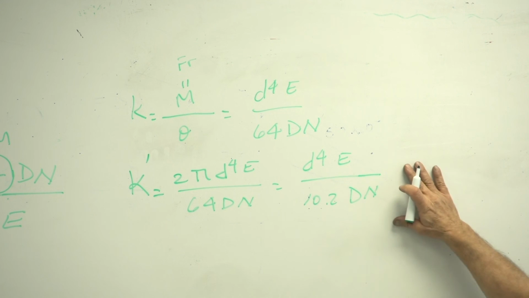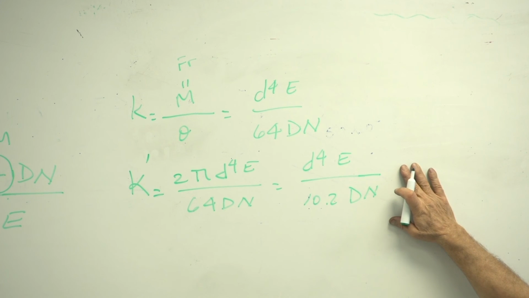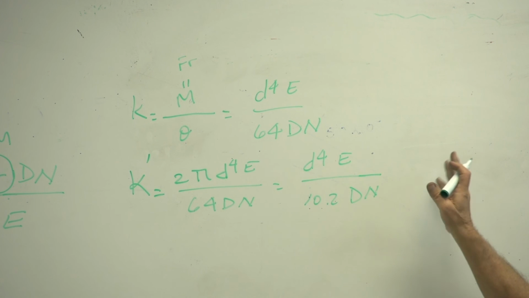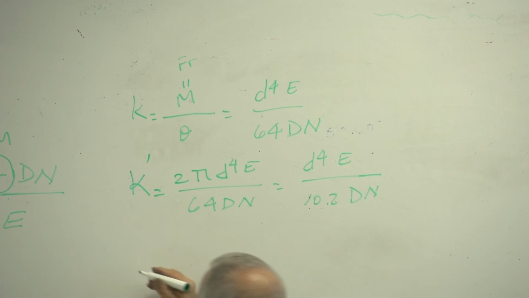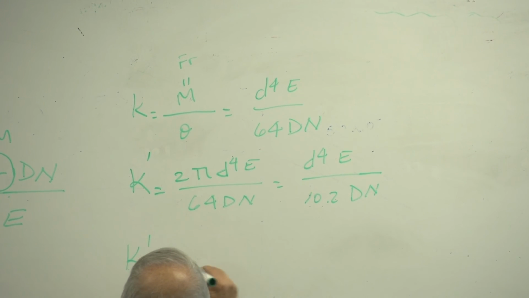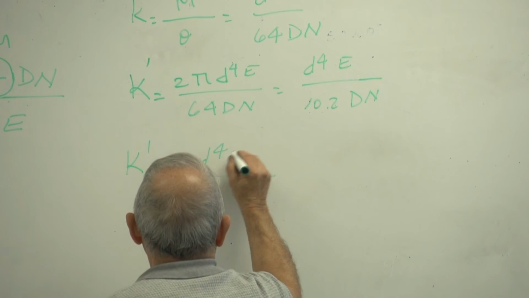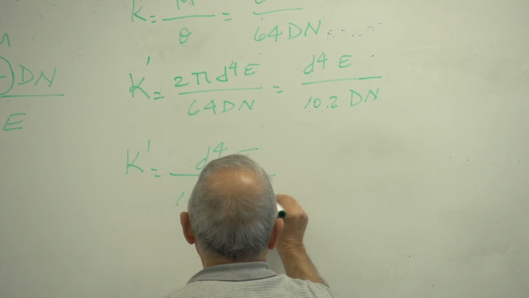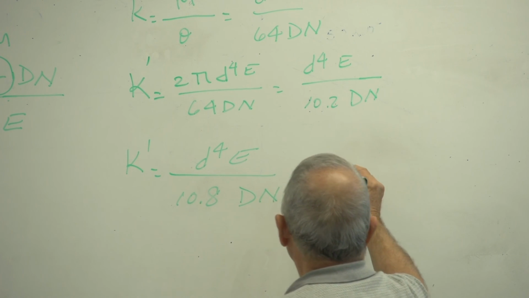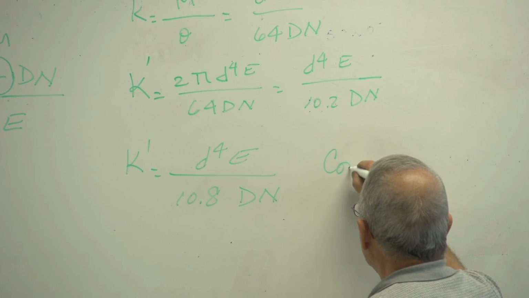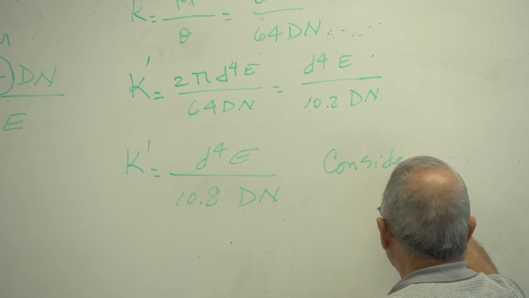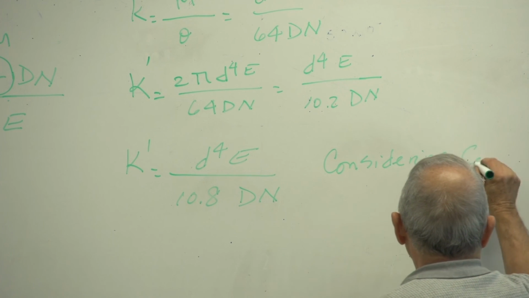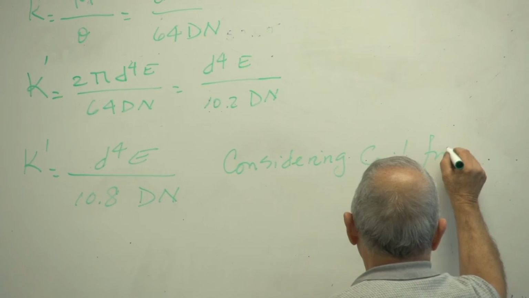And this is still theoretical. I have not taken into consideration friction between coils. If we bring that into consideration, this is more like d to the 4th E divided by 10.8 dN, considering coil friction.